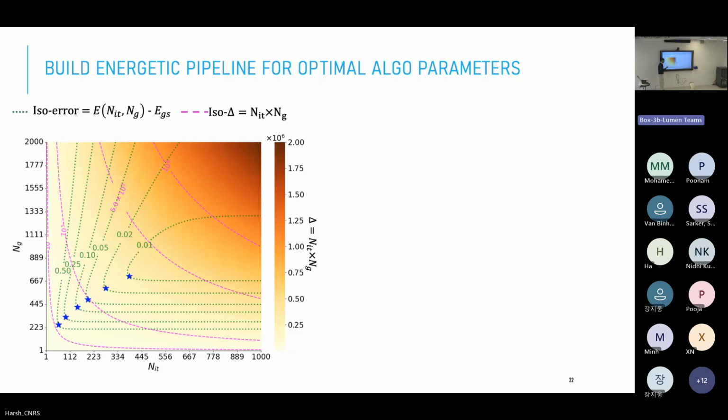Or I could ask another question: given I have 10 to the power 6 gate operations, what is the best error that I can achieve? These kinds of optimizations are possible. What I show here as a blue star is in fact moving on the isometric curve, fixing my error and finding the optimal point of least resource consumption, or least resource cost, in terms of delta.